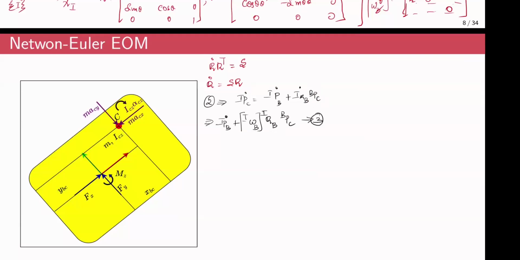Another thing I would like to bring to your attention is that, for a general cross product, for example V equals omega cross R, you would know how to take the cross product of two vectors. You would take the determinant of this matrix: i, j, k; omega x, omega y, omega z; then rx, ry, rz.